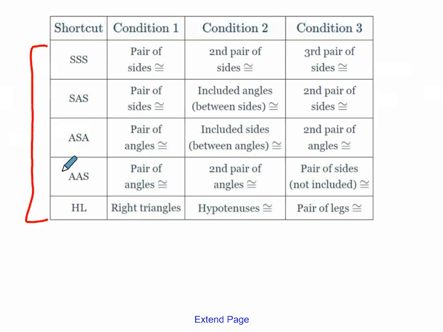As you're looking through this, if I already have 2 angles, I'm probably not going to use one of these ones. I just have to figure out how I can get a side and where the side is. If I have 2 sides already given, I'm probably not going to use these 2, because I would need to not use one of these sides and get 2 angles. You're not going to be doing that much hard work.